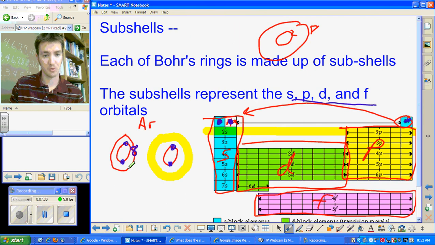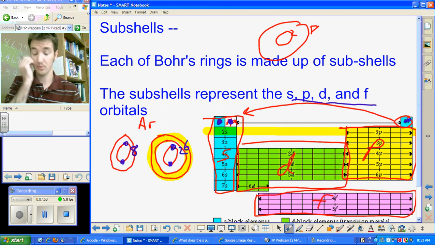So when I drew this one shell holding 8, that's the same as if I drew a small shell holding 2 and another shell holding 6. So the first 2 electrons get put into the S shell, or the subshell. Then the next 1, 2, 3, 4, 5, 6 get put into the 2p.